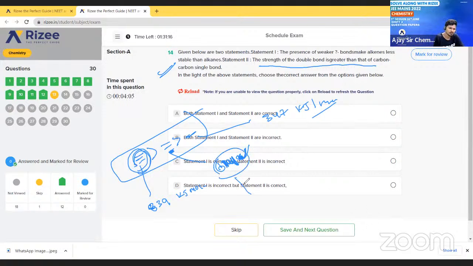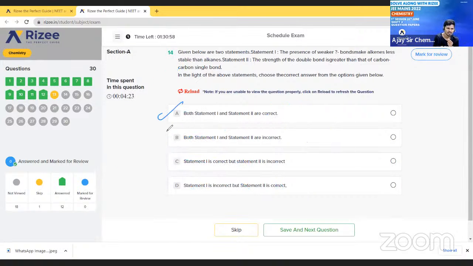A double bond's strength is 614, and what is the strength here? Just 347 kilojoules of energy. That is very little energy. So this statement is also correct. Clear? So the correct option is what? Both statements 1 and 2 are correct. Option A is the correct option.